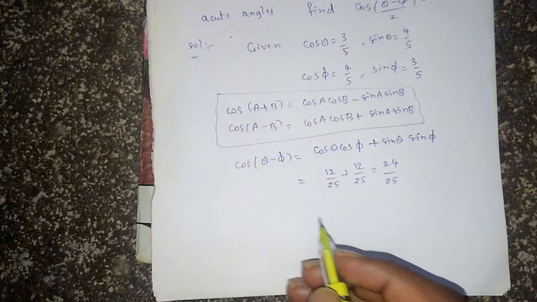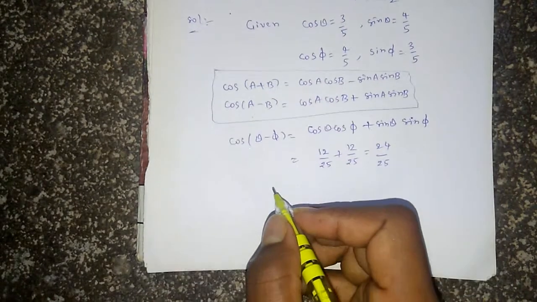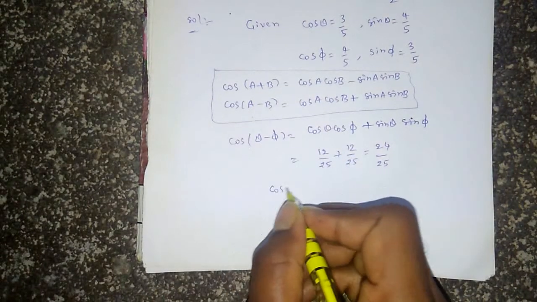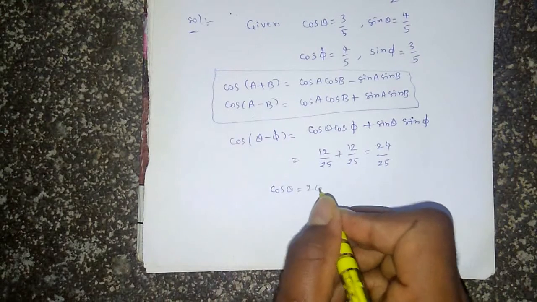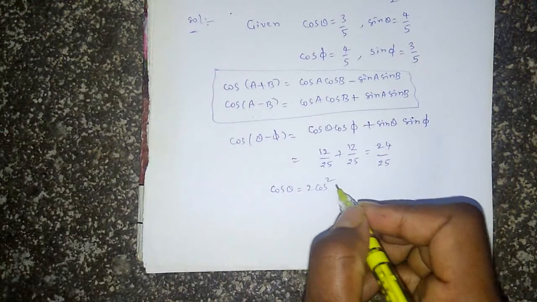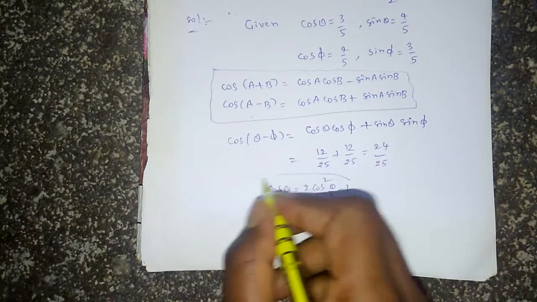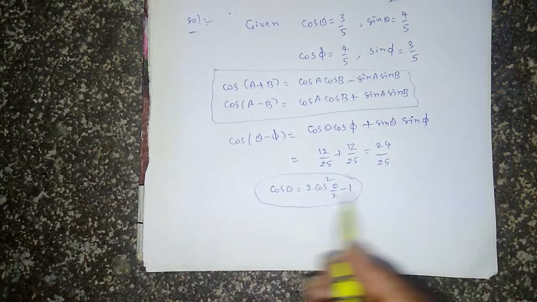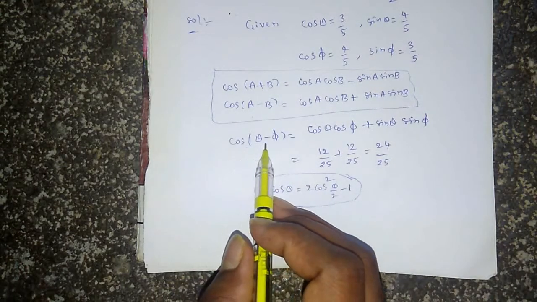Now we have a submultiple angles formula, that is cos theta is equal to 2 cos square theta by 2 minus 1. This is submultiple angles formula. So here this is cos of theta minus phi.